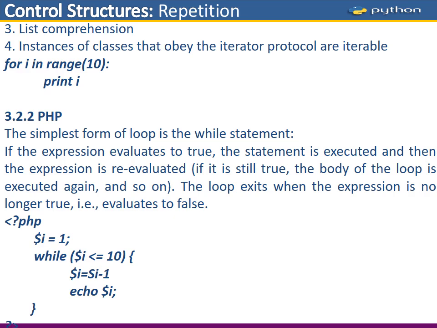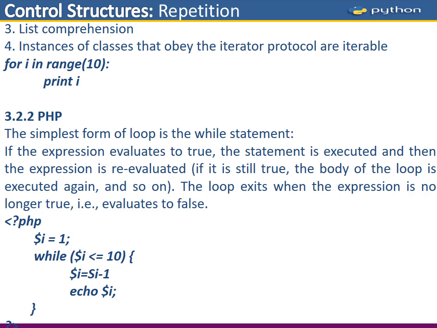We start with the PHP opening tag, less than sign question mark. Then $i equals 1 with a semicolon, then while, inside the brackets, $i less than or equal to 10.